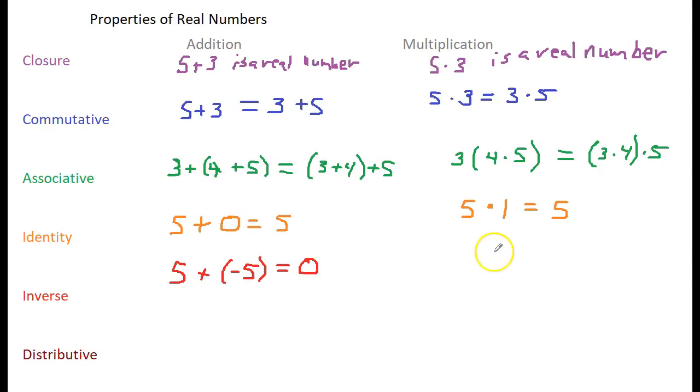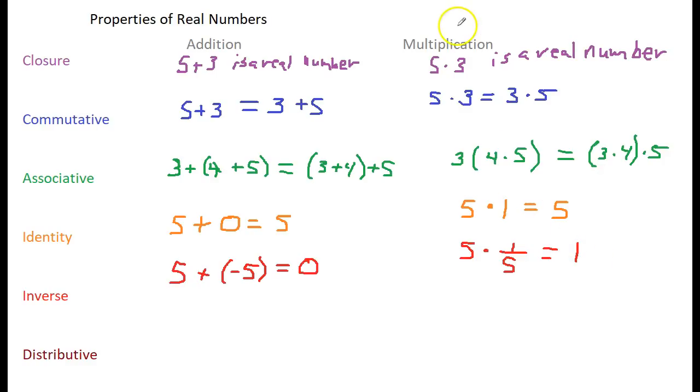Now, inverses for multiplication are not just positives and negatives. They are reciprocals. So if I were to take 5 times its inverse, the reciprocal of 5, 1/5, and multiply those together, I get 1, which is the identity element for multiplication. That's pretty cool. So those two properties are related. Be very, very careful you don't mix them up.